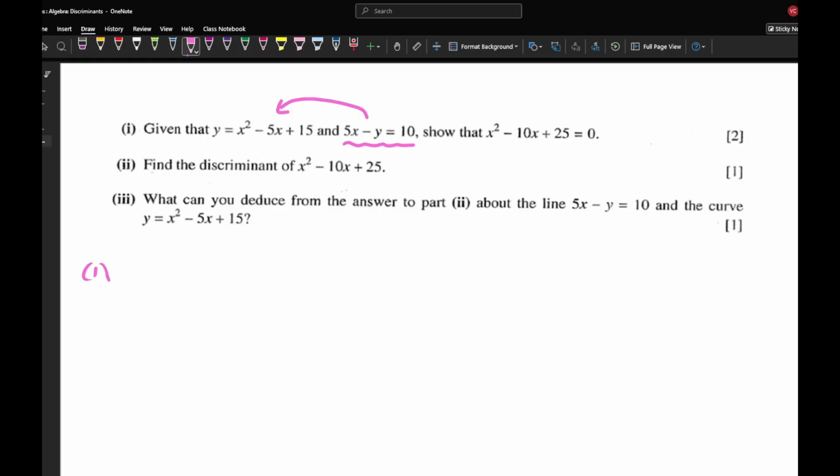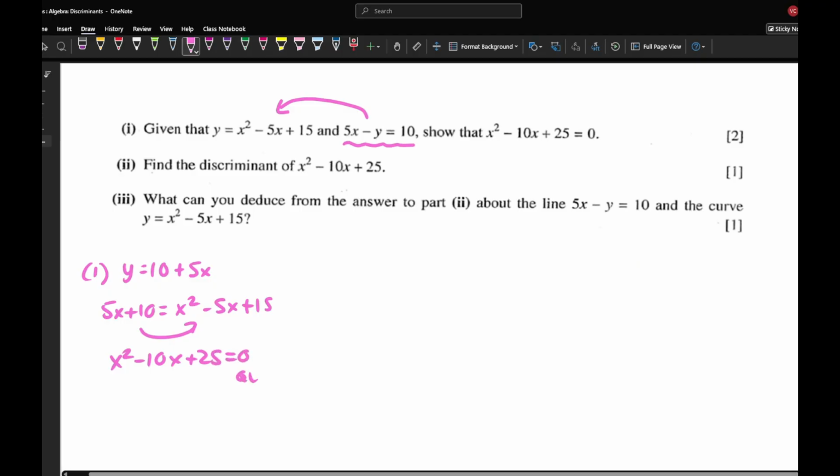So for part 1, if I rearrange the linear equation, I get y equals 10 plus 5x, in which then I get 5x plus 10 equals x squared minus 5x plus 15. Take all of this over to this side, in which we end up with x squared minus 10x plus 25 equals 0, which is what they wanted me to show.